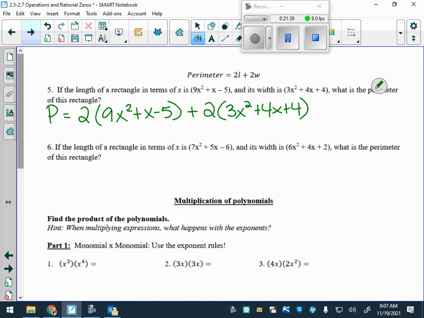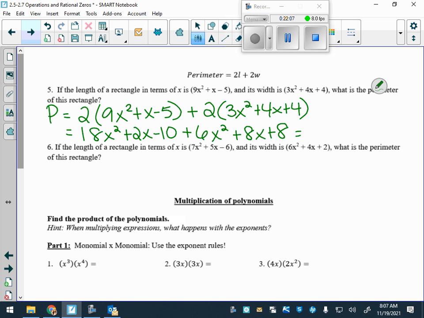Yeah, Camille. Good. So we have 18x squared plus 2x minus 10 plus 6x squared, 8x plus 8. Okay, and we're leaving it in terms of x. So from here, we're able to combine like terms, and it's going to stay with x.